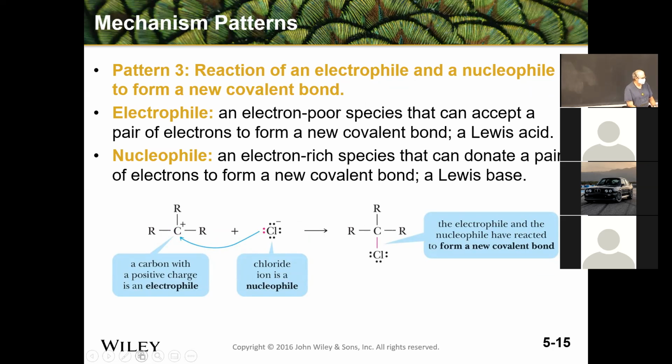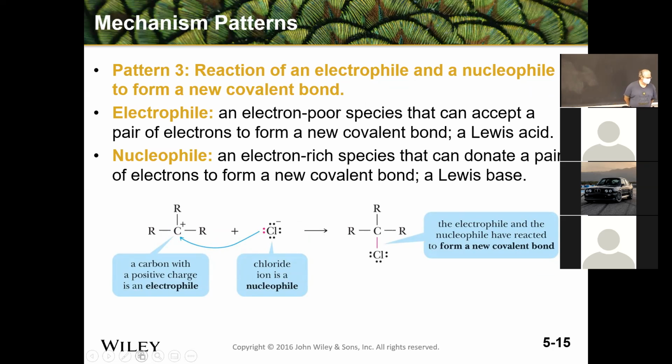Pattern 3. Reaction of an electrophile and a nucleophile to form a new covalent bond. An electrophile is also called a Lewis acid. The definition of a Lewis acid is an electron pair acceptor.